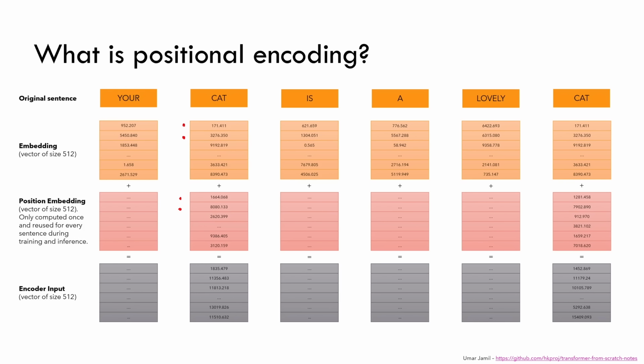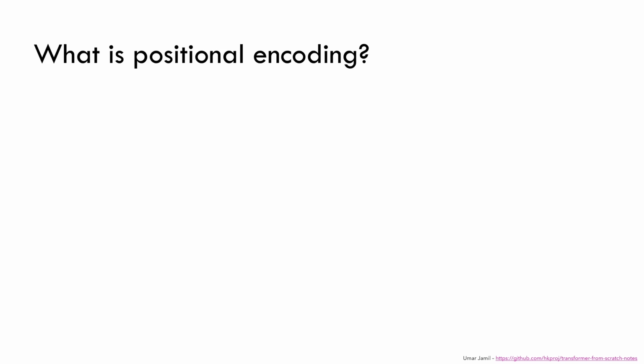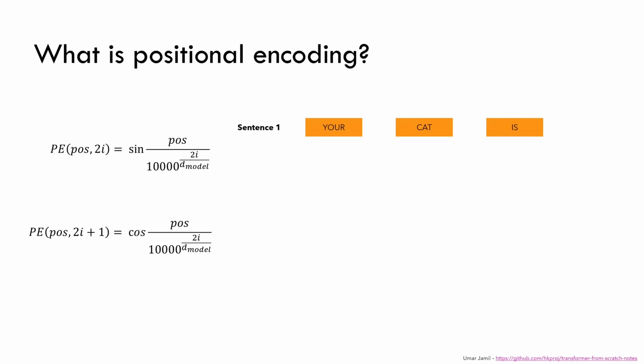How are these position embeddings calculated? Let's see. Imagine we have a smaller sentence, let's say "your cat is," and you may have seen the following expressions from the paper. What we do is we create a vector of size d_model, so 512, and for each position in this vector we calculate the value using these two expressions, using these arguments.